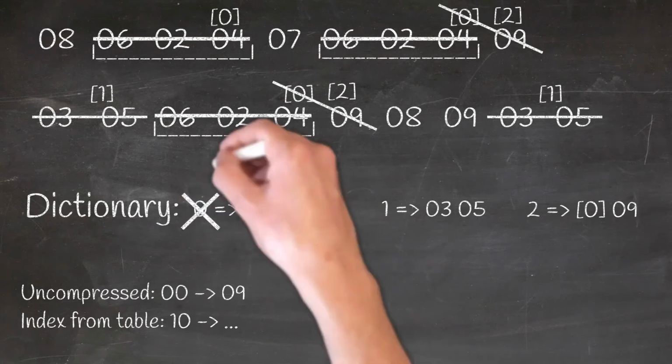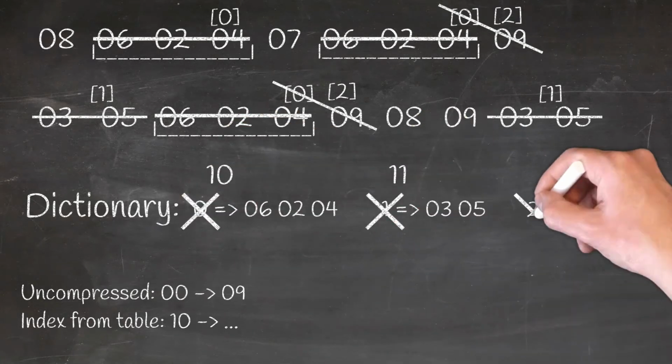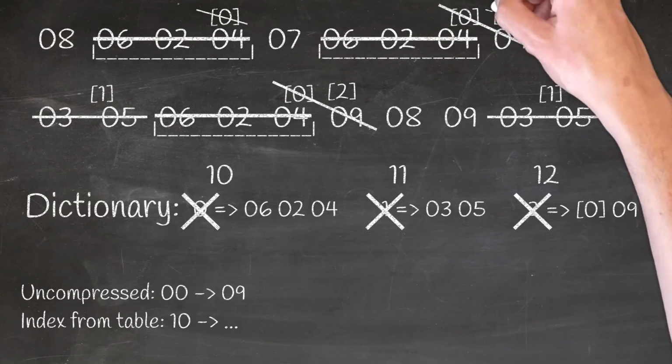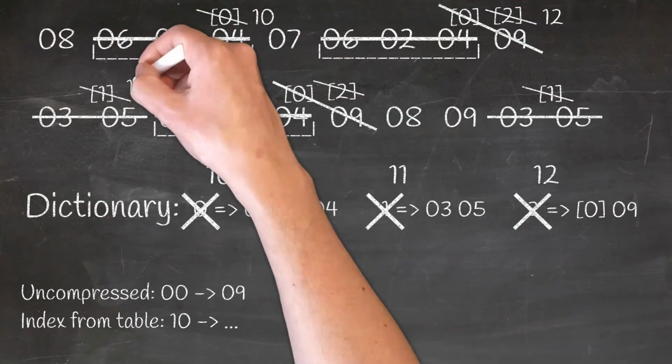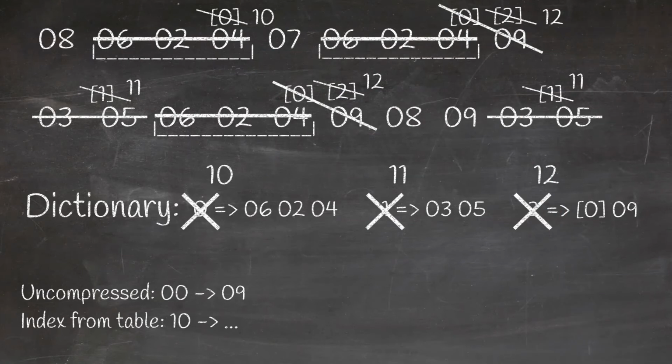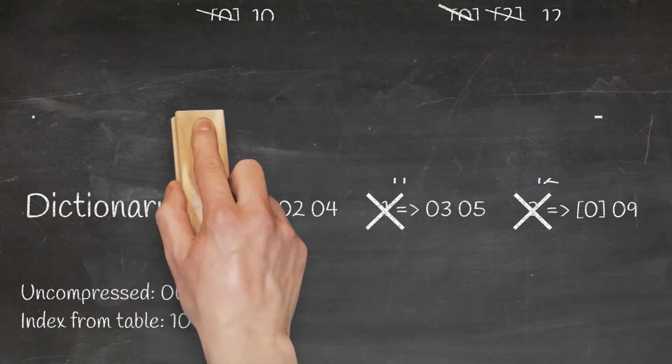Instead of 0, we'll say 10, referring to 6, 2, 4, 11, referring to 3 and 5, and 12, referring to 10 and 9. And of course, we have to mention the list. We have to mention the maximum, our range. So in this case, our range from 0 to 9 is data. Anything bigger than 9 is an index. Okay, so that is some sort of a compression.